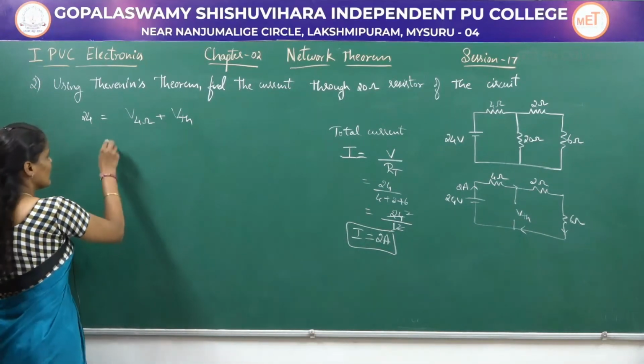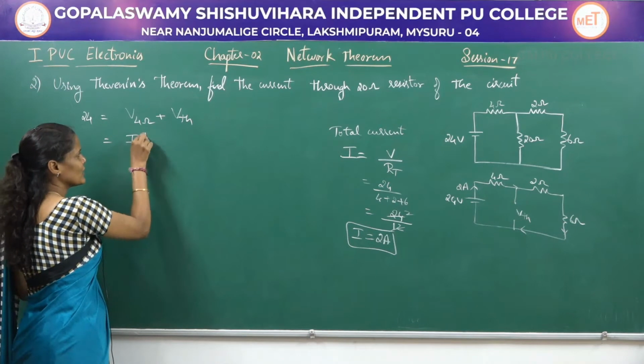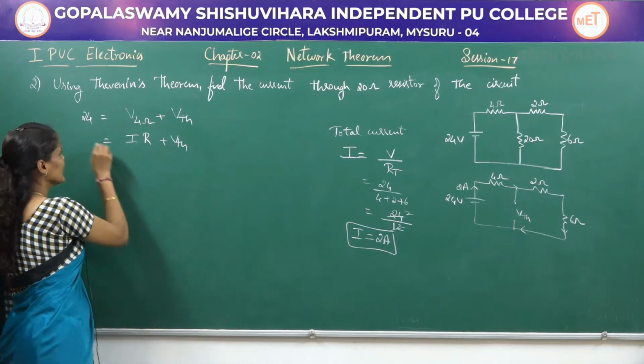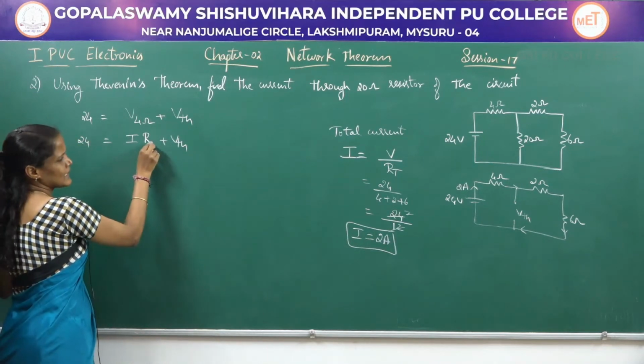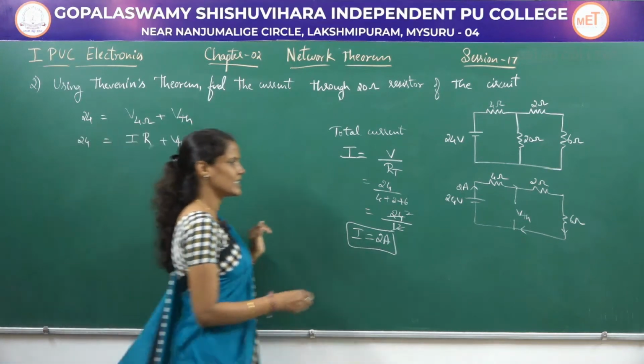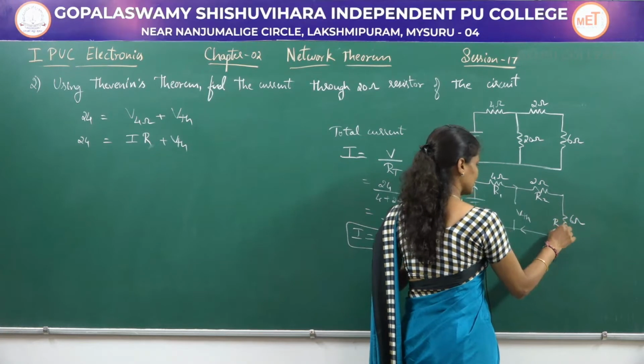Now, the voltage across 4 ohm is equal to the current flowing through that resistor into that resistance value, plus Vthevenin. This is 24. This is the resistance, that is the 4 ohm resistor. Let us name these resistors as R1, R2, R3.